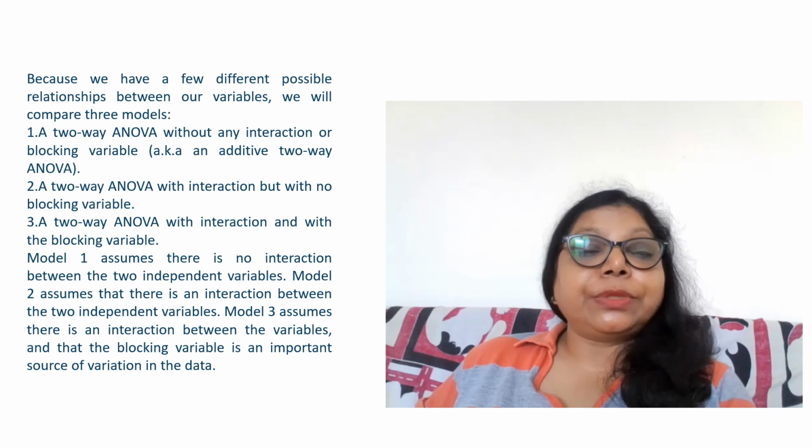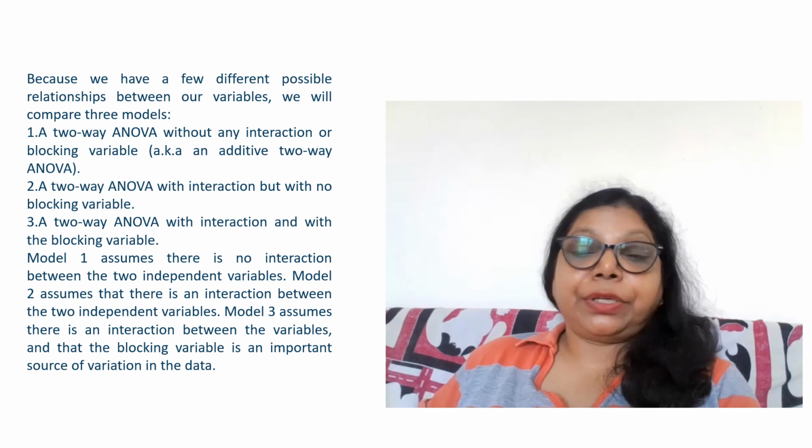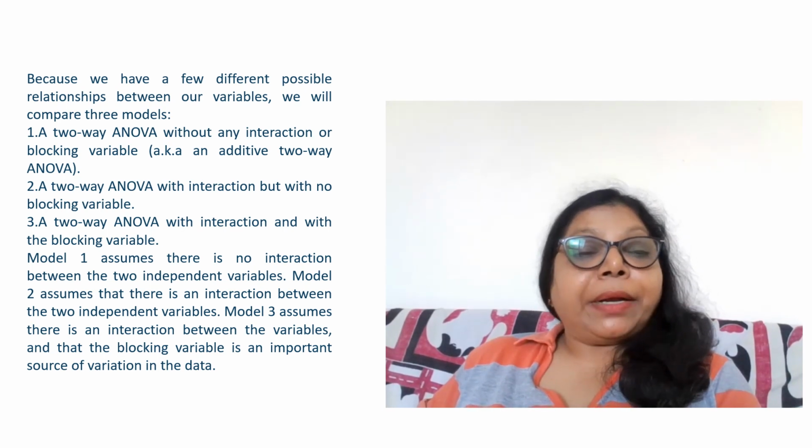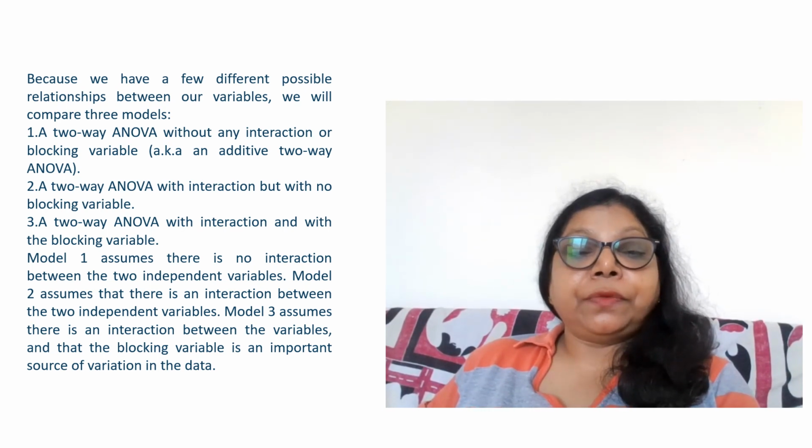So model 1 assumes there is no interaction between the two independent variables. Model 2 assumes that there is an interaction between the two independent variables. And model 3 assumes that there is an interaction between the variables and the blocking variable is an important source of variation in the data. Now, by running all the three versions of the two-way ANOVA with our data and then comparing the models, we can efficiently test which variables and in which combinations are important for describing the data.